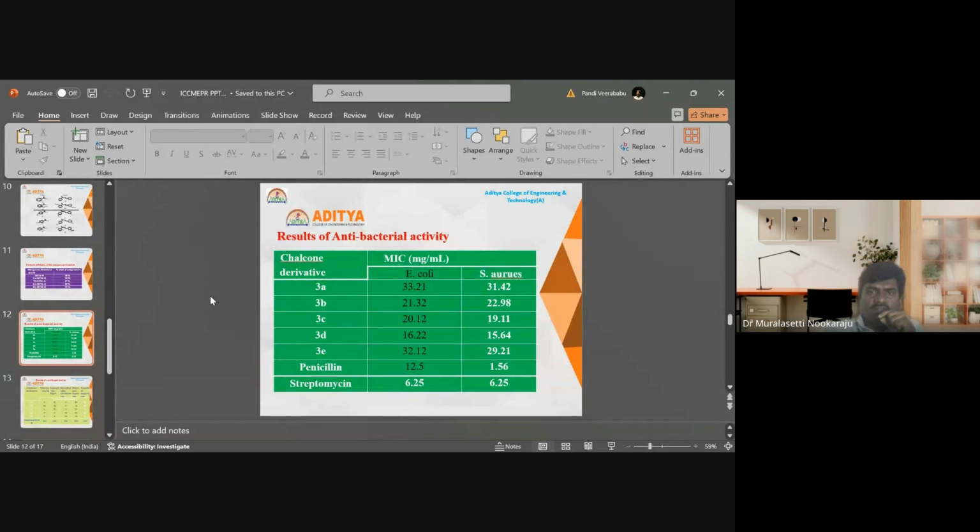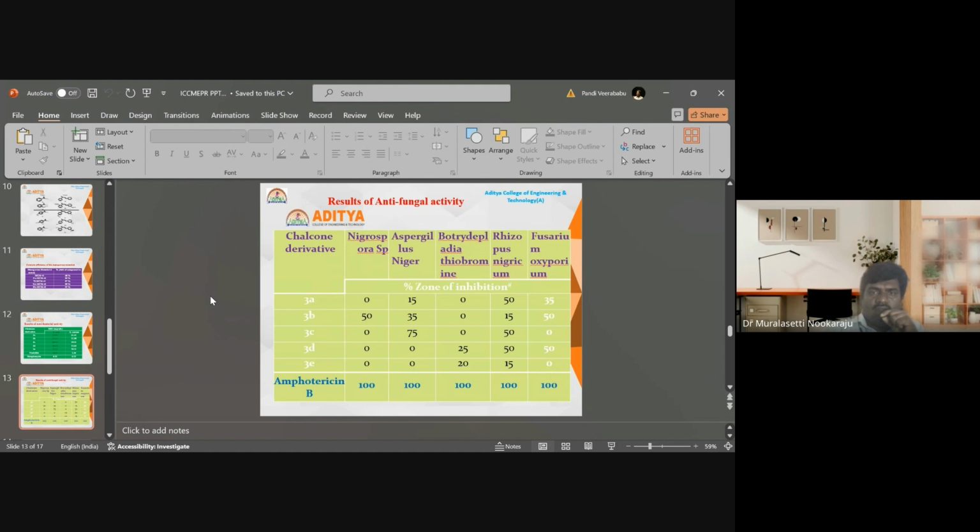And we have studied the antibacterial and antifungal activity of the derivatives synthesized by the MCM41 materials, and we found good results for both. These results show all the derivatives, 3A to 3E, that means 5 derivatives we have synthesized, and all of them have been presented here.